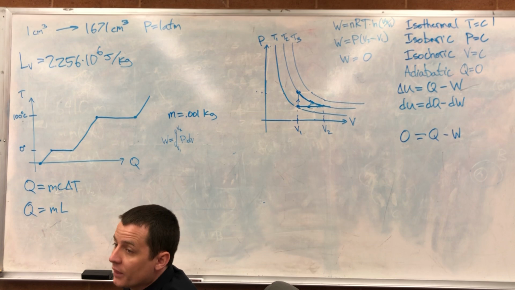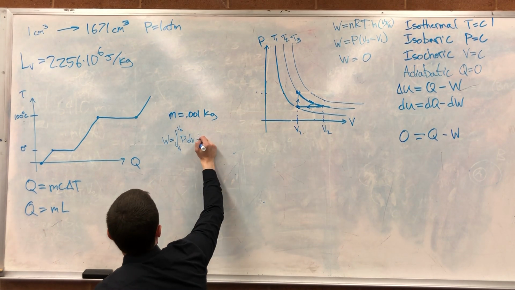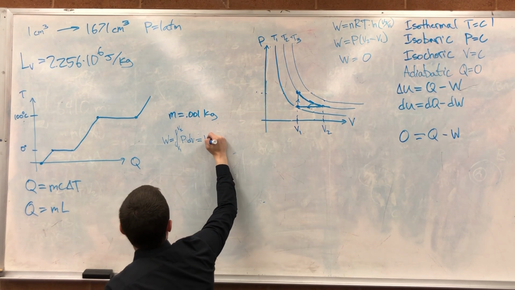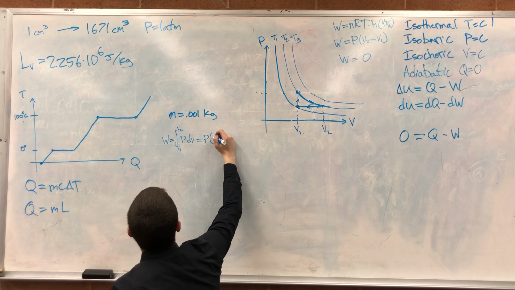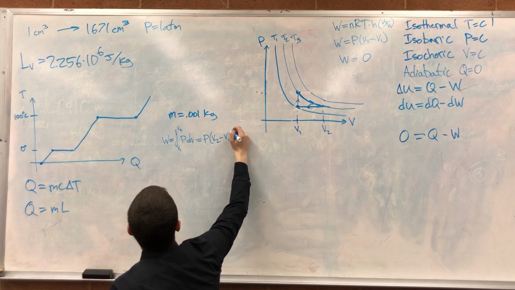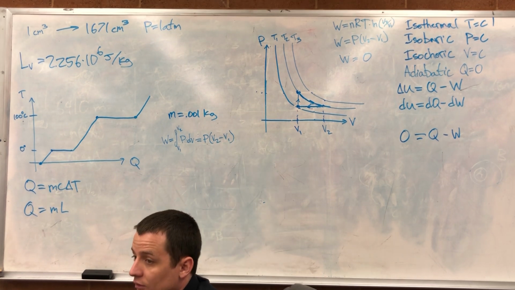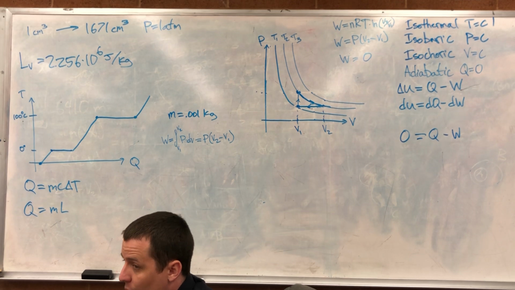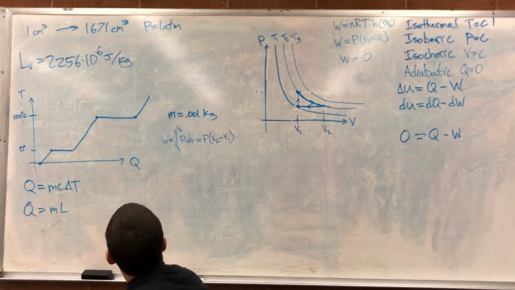But the pressure is constant. In this case, we're going to assume it is constant. So it's going to be pressure times our ending volume minus our initial volume. That's going to be our work. So your work is just 1,670?